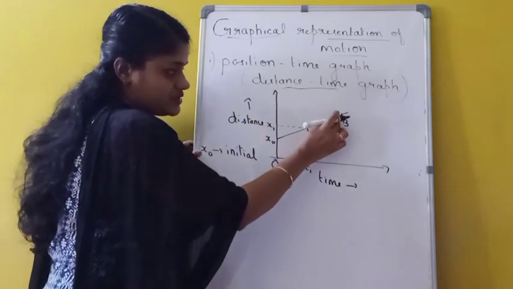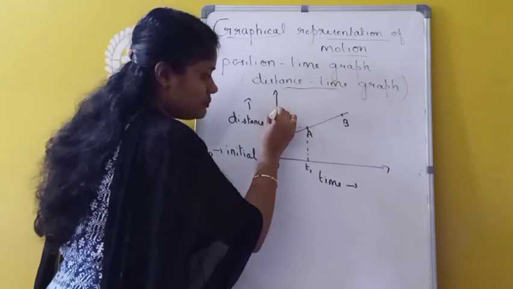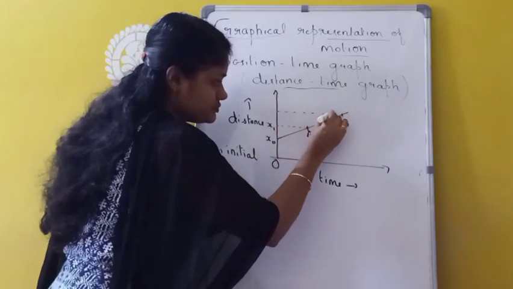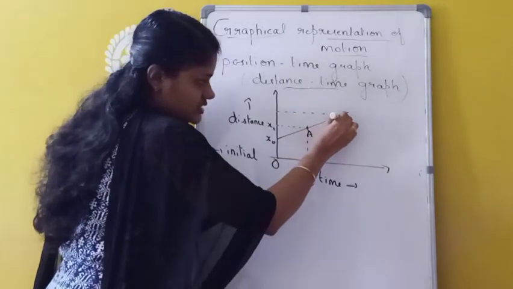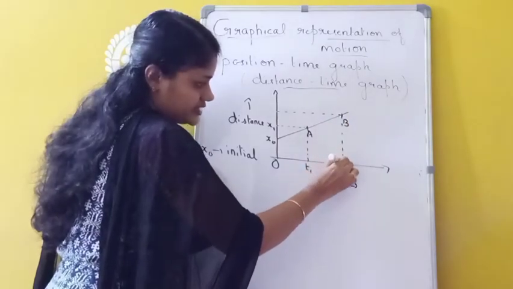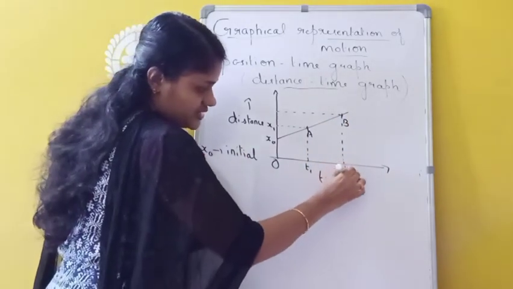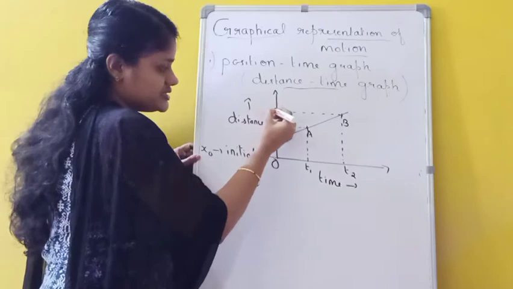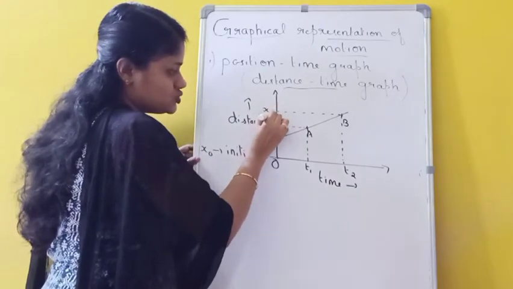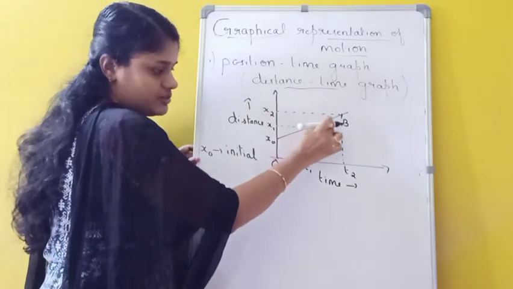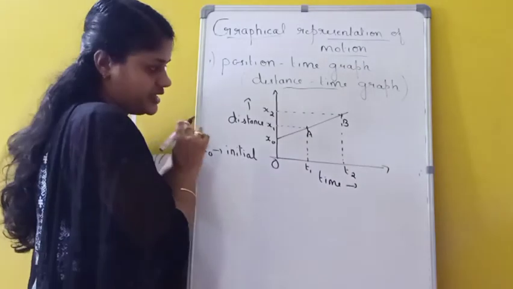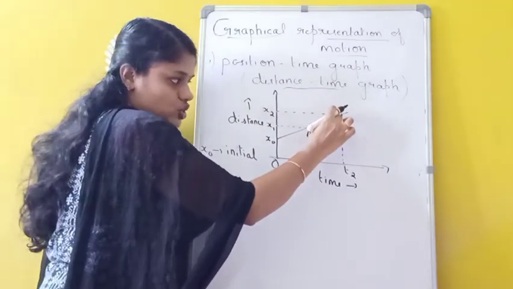Similarly, I have taken another point B here. We can draw perpendiculars to the y direction as well as the x direction. Suppose this time is T2 and the distance covered is x2. So x2 is the distance covered by the object in time T2. And we want to find the slope of this graph.